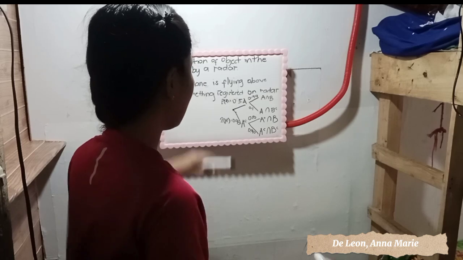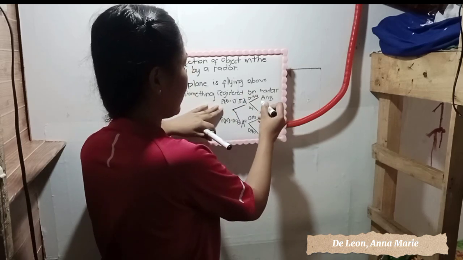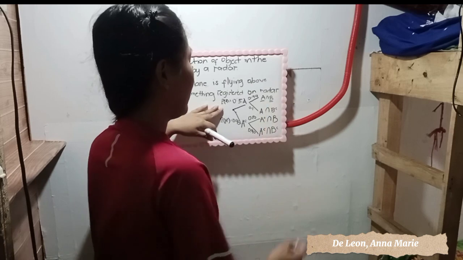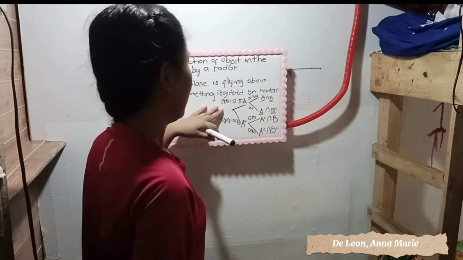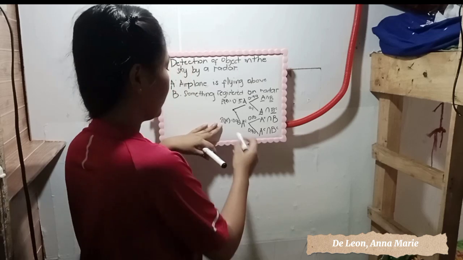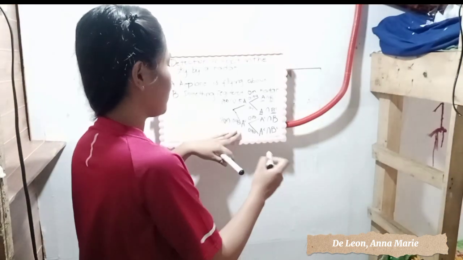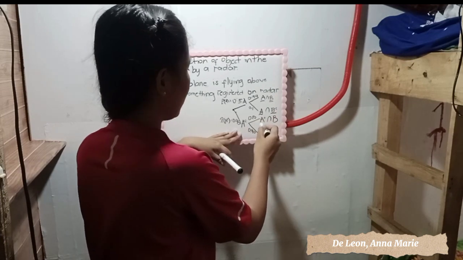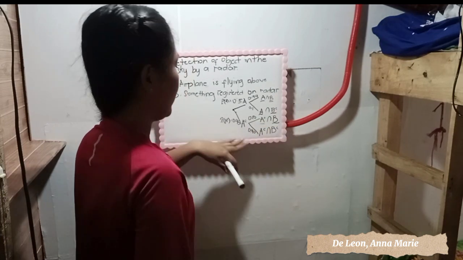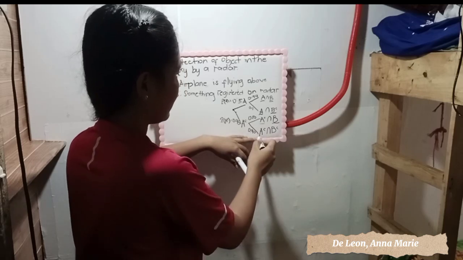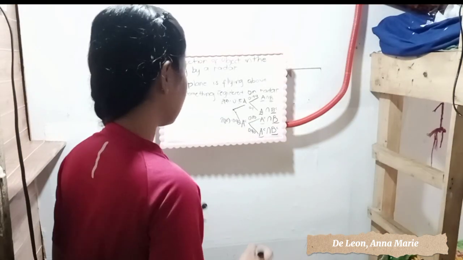In the branch where A occurs, we have two possible outcomes: A and B occur, and A occurs and B does not occur. In the branch where A does not occur, we have two possible outcomes: A does not occur and B occurs, and A does not occur and B does not occur.